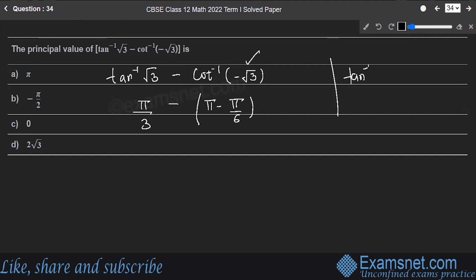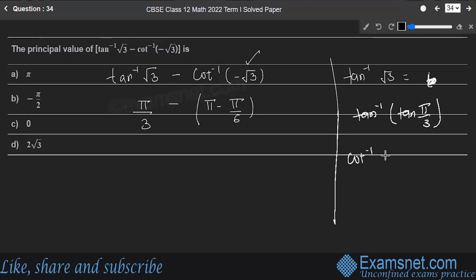Tangent inverse root 3 can be written as tangent inverse of tangent of pi by 3. And for the second one, the cotangent inverse, minus root 3 will be given as pi minus pi by 6.